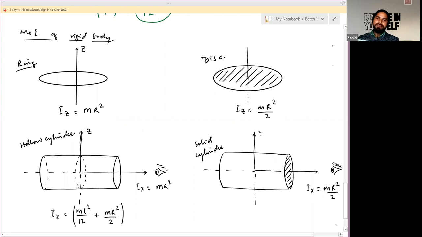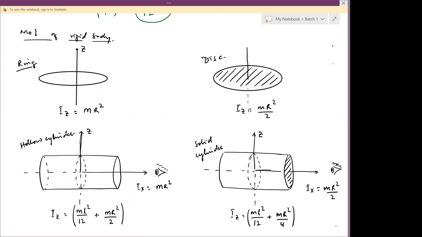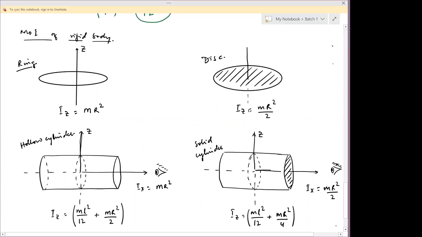And from this axis, it will be along the midpoint of a rod and also along the diameter of a disk. So total moment of inertia will be m times L square by 12 plus m times R square by 4. Hamza, is it clear? Yes, sir. Okay, just write it down.